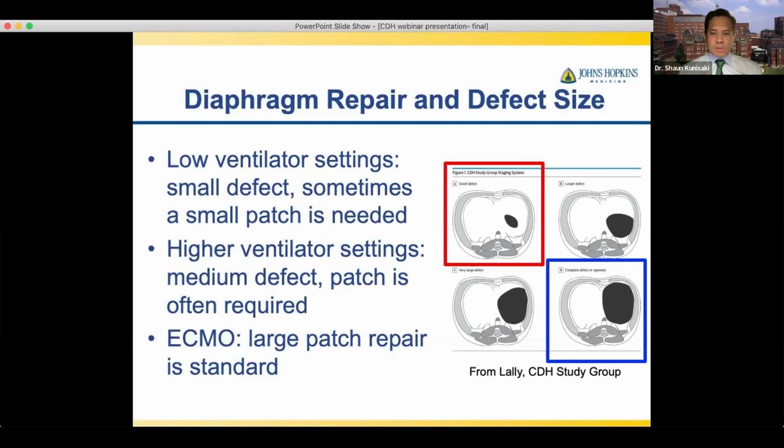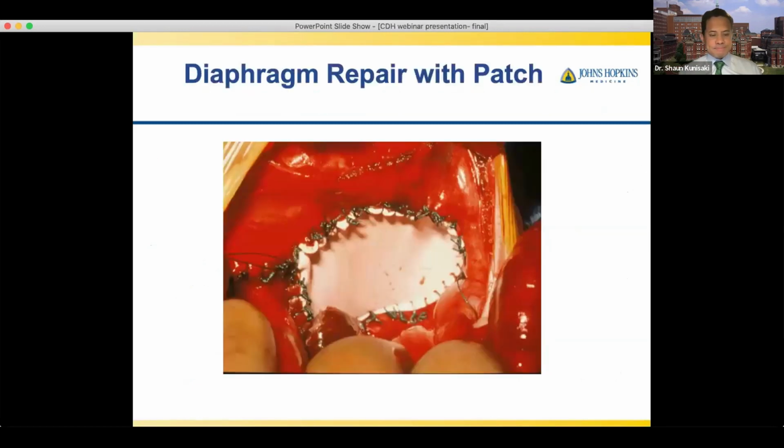These children, including those who require ECMO support, often require a large synthetic patch to create a barrier between the chest and abdominal compartments so that reherniation does not occur. Next slide. This is an intraoperative photograph showing an example of a medium-sized diaphragmatic hernia repaired with a synthetic patch. Next slide.